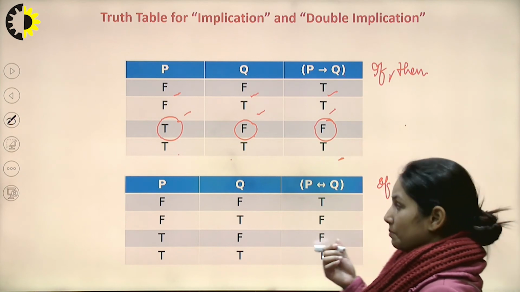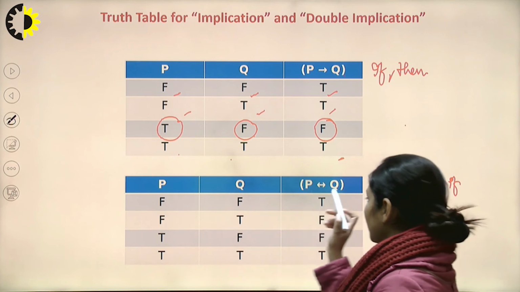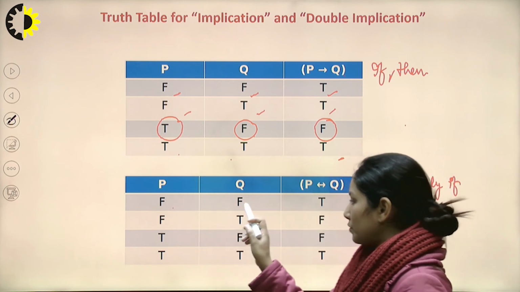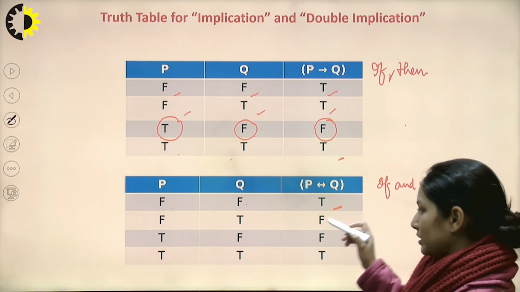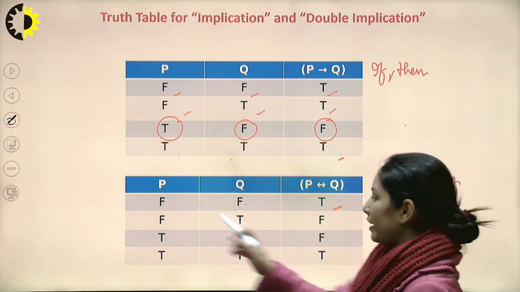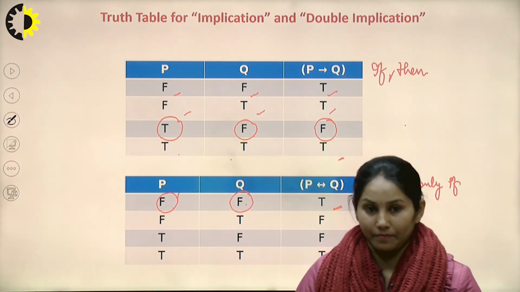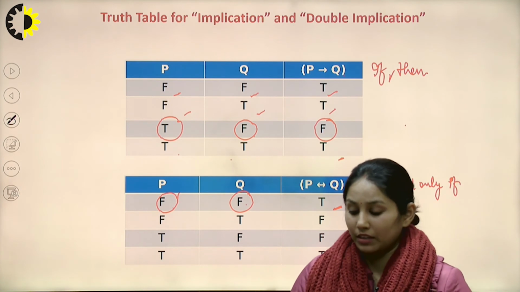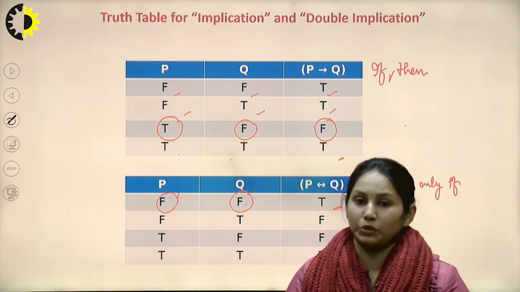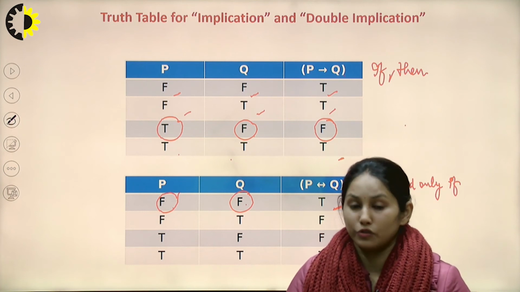In this biconditional statement, if you have false, false, that is also true. Whenever P and Q have the same value, whether both false or both true, then your conclusion is true.